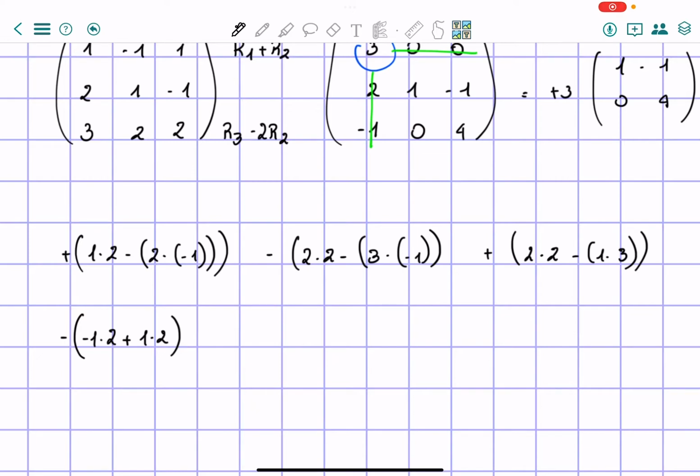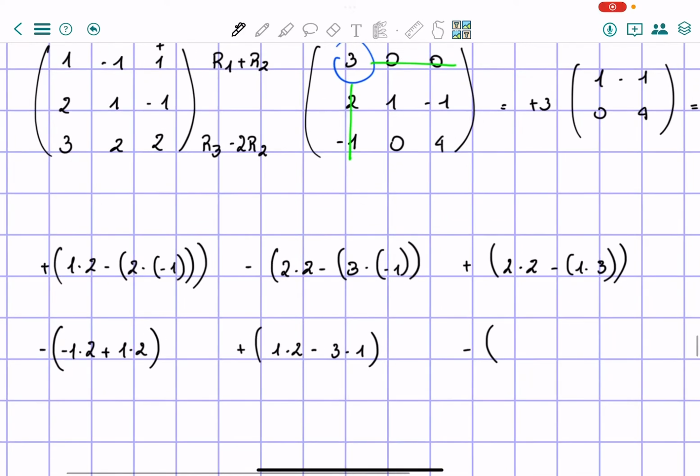Then second one, we're going to have a positive, first of all. And then 1 times 2 minus 3 times 1. Then we're going to have a negative, and we're going to have 1 times 2 minus 3 times -1.